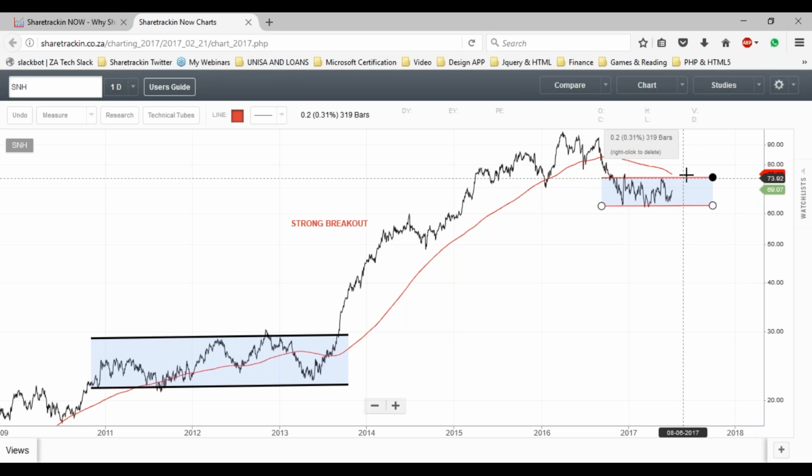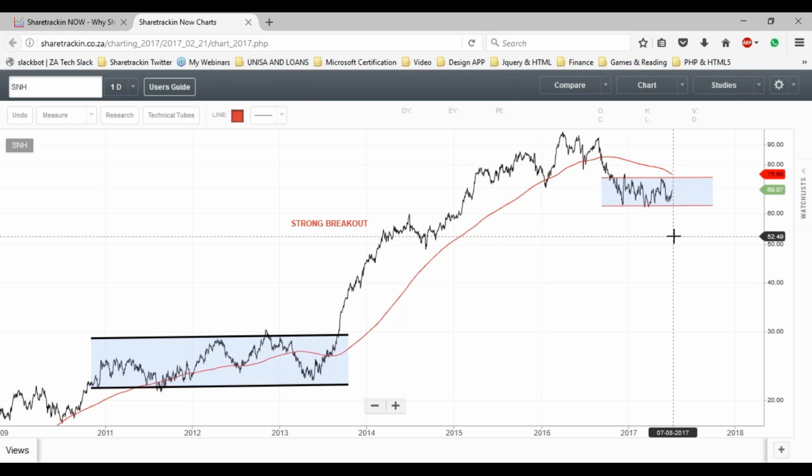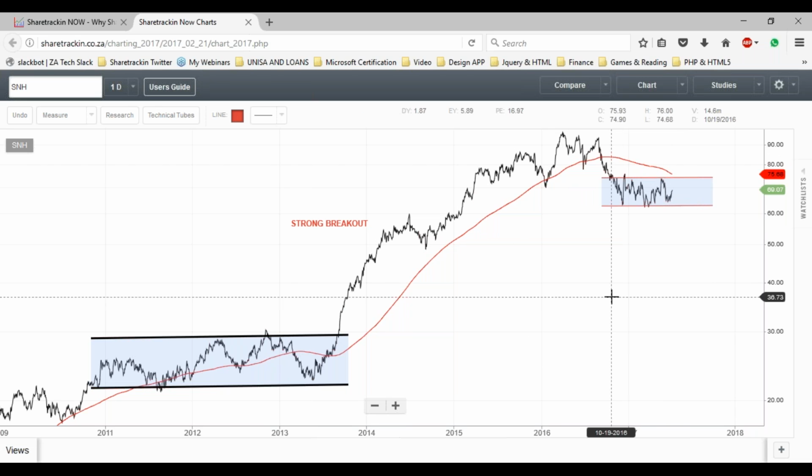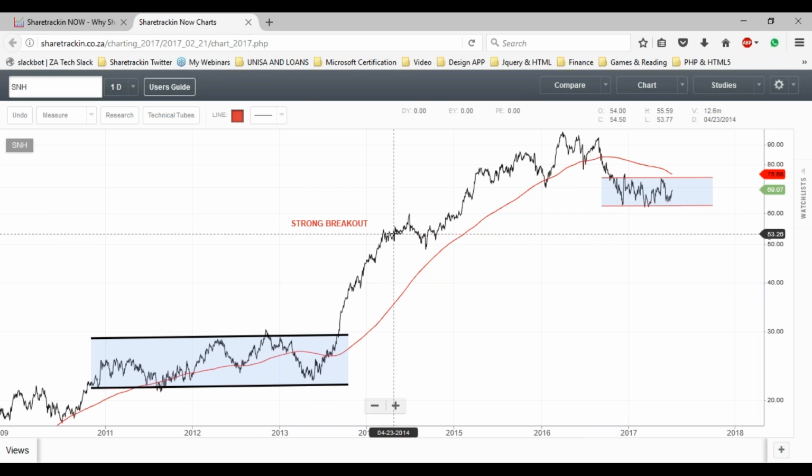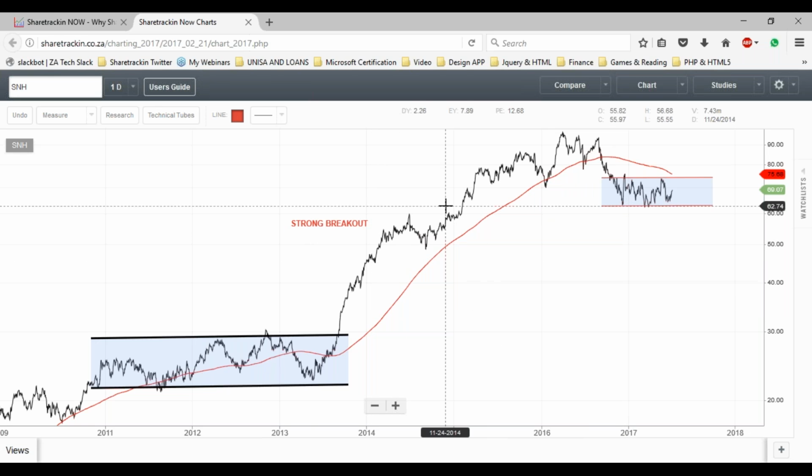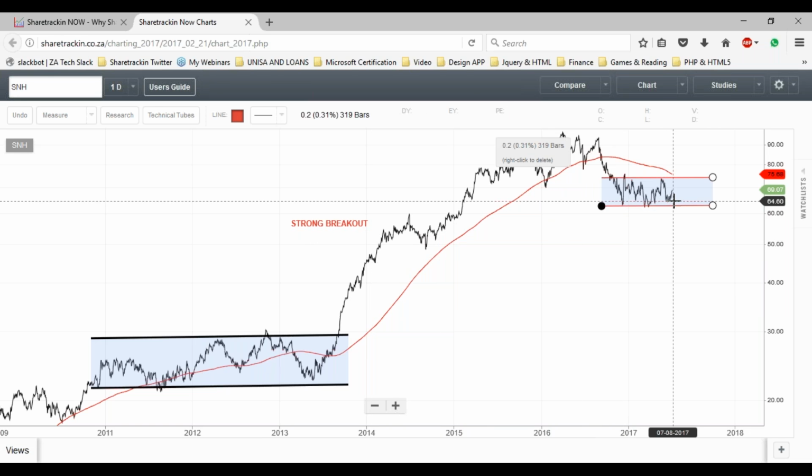So if the share breaks above this resistance level, at about 74 Rand per share, then I'm expecting the share to rally quite substantially like it did in the previous one. So this is something that one would look for, these sideways patterns and these breakouts. And this is why it's so important to study the history of the chart to know what you can expect for the future.